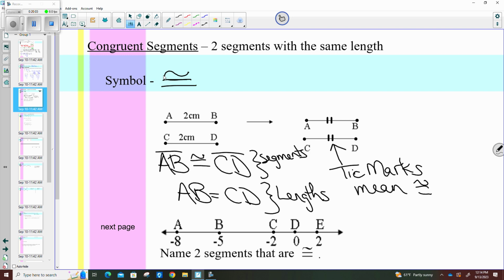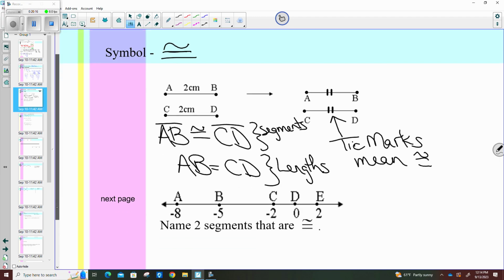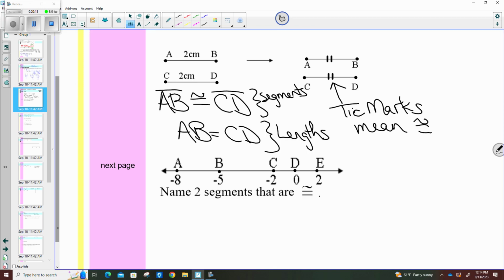Okay, so you know what congruent segments are, yes? You know how to figure out how far it is between 2 points on a number line, yes? So turn to the top of the next page. Look at this picture that I left on this page, and write down for me 2 segments that are congruent to each other, figuring out the numbers on that number line.